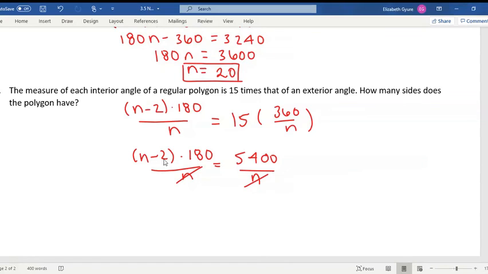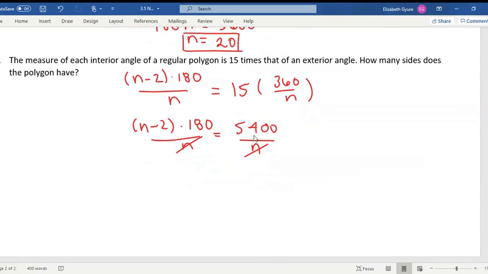And I'll have n minus 2 times 180 equals 5,400. Now, you could distribute your 180 if you want to. I'd rather work with some smaller numbers, so since I'm multiplying by 180, I can divide both sides by 180. That'll just leave me with n minus 2 on the left, and 5,400 divided by 180 is 30. Then add your 2, and this would be a 32-sided shape.